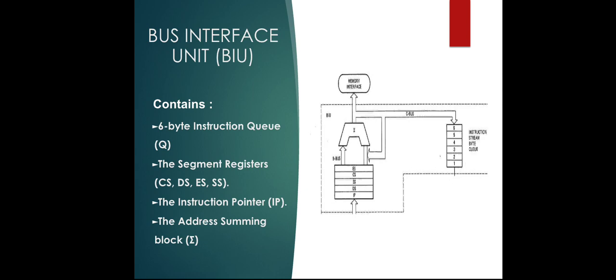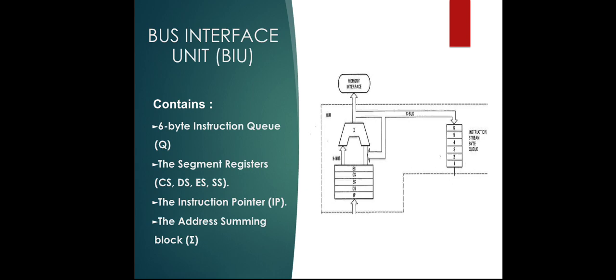The other point of the bus interface unit is that it contains segment registers. The 8086 microprocessor has 4 segment registers called the code segment, data segment, extra segment and stack segment registers. All these segment registers are used to store the starting addresses of the various functions.